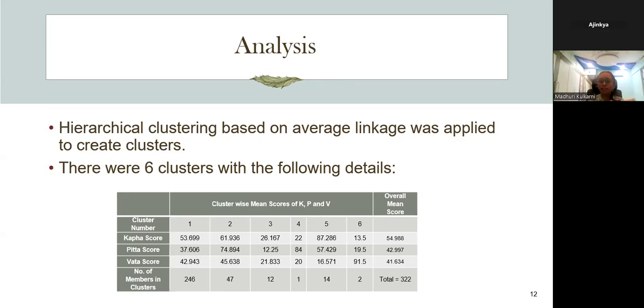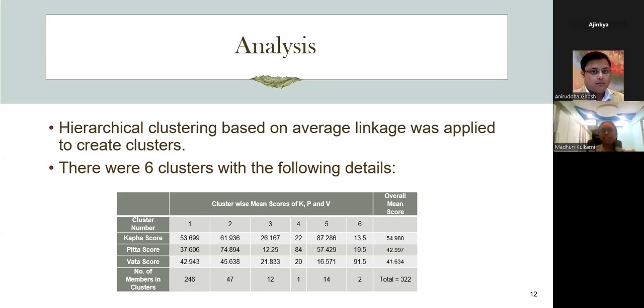The work is still under progress, but its purpose is to check whether this questionnaire is as good as physical examination of the patient, that is, whether the Prakriti identified on the basis of the 62 questions is the same as that identified by a doctor after physical examination.